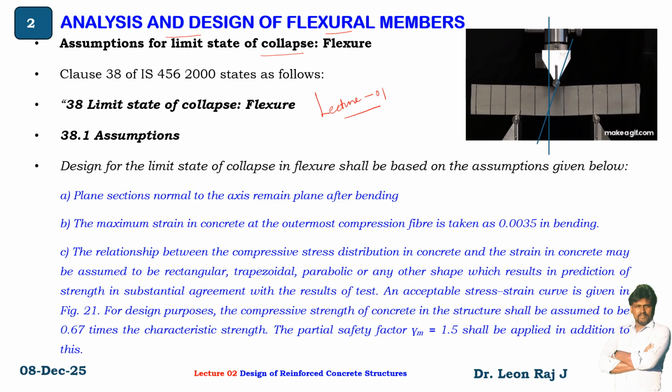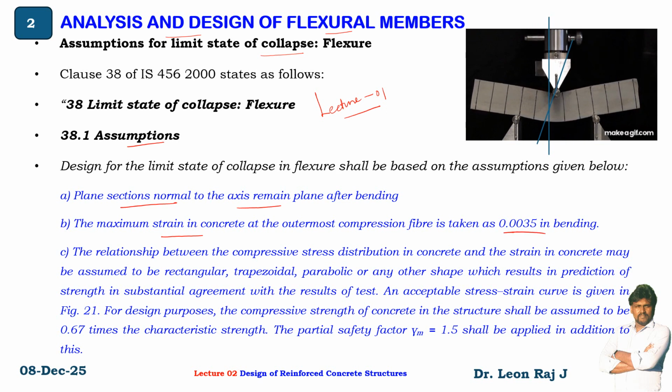Clause 38. So the assumptions are: plane sections normal to the axis remain plane after bending. Maximum strain at the outermost compression fiber is taken as 0.0035.